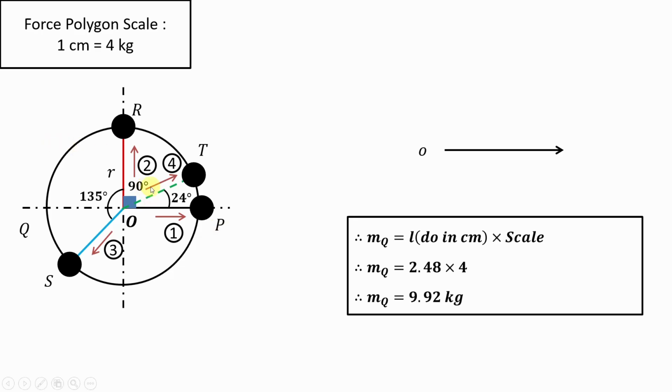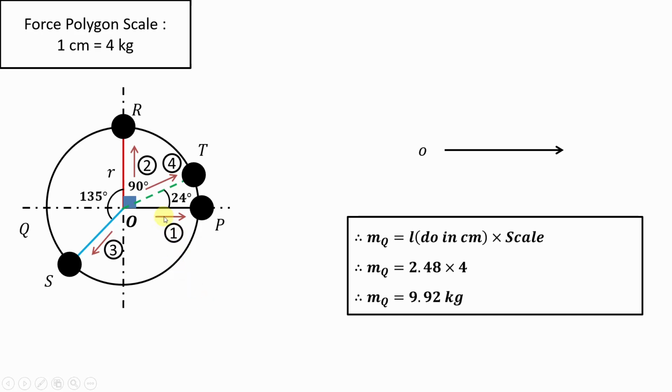So all the force vectors will be radially outward, whereas in case of the couple, negative couple vectors will be towards O, and all the other positive couple vectors will be away from O. So here all the vectors will be away from O, because according to the definition, the force which is acting away from the center is known as the centrifugal force.